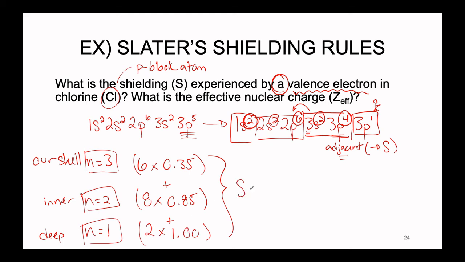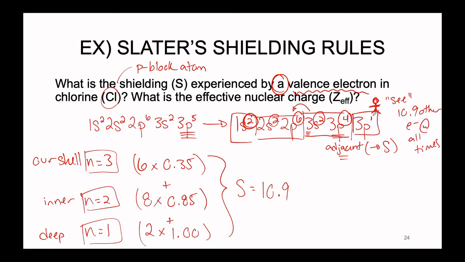So our total shielding factor, which is going to be a sum of each of these things, is going to be equal to 10.9. In other words, if we are hanging out in the 3p subshell, we are going to see 10.9 other electrons at all times.